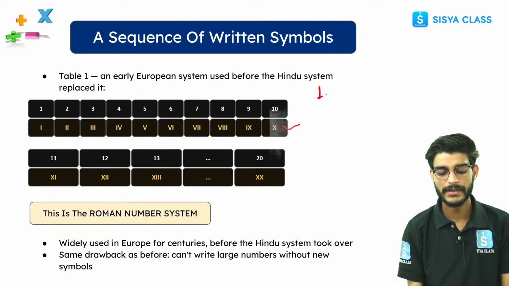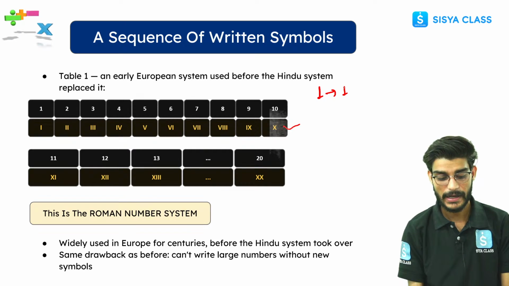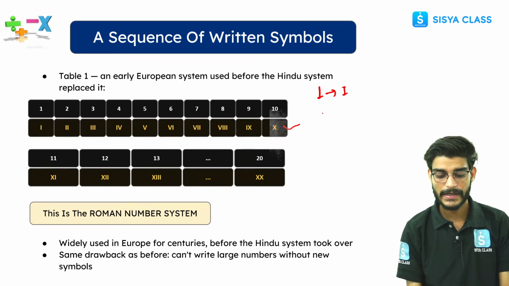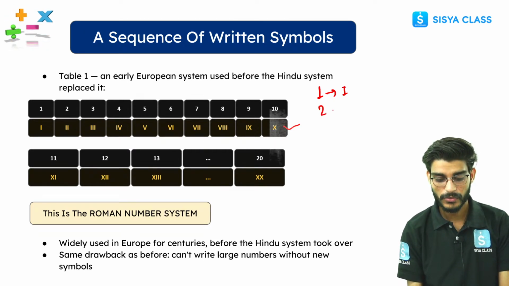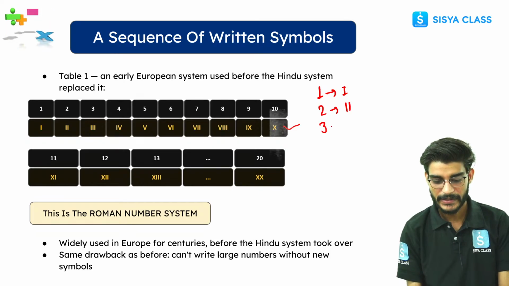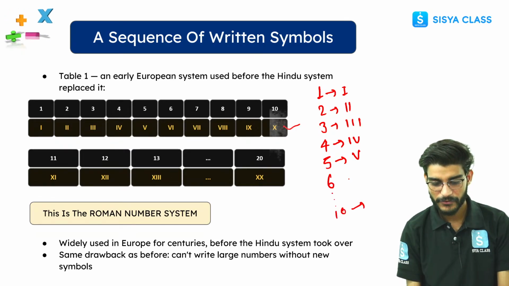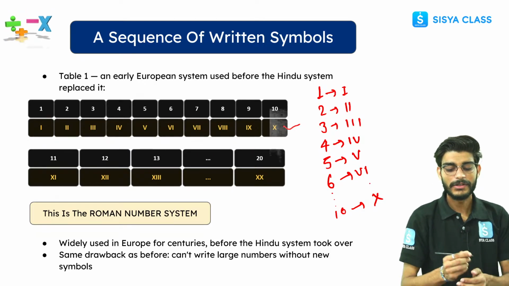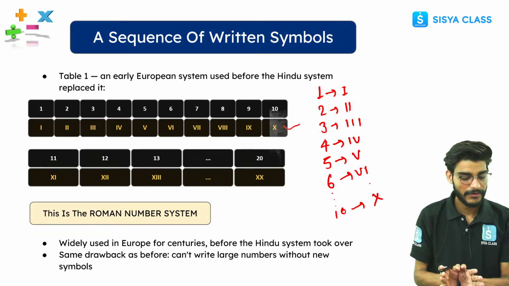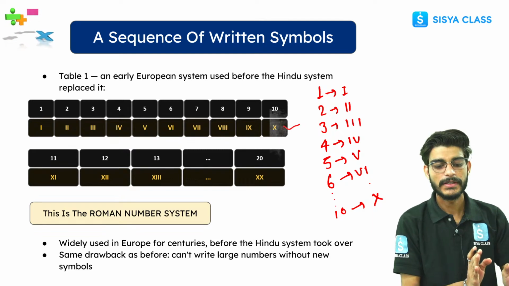For 1, they denoted with I, the letter I. For 2, II, for 3, III, then IV for 4, V for 5, and so on up to 10. In the same way, for 10, it is X. Everyone knows it now. So these are some notations, or you can say symbols, given to the numbers.